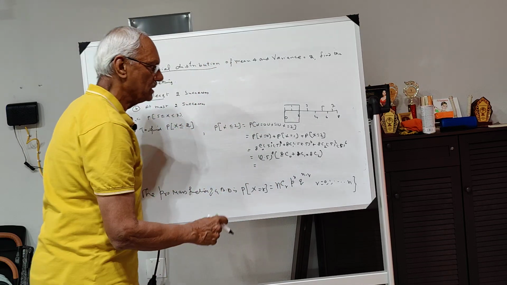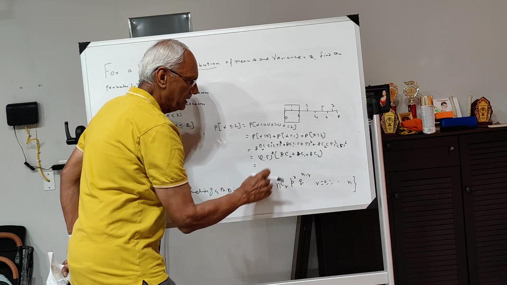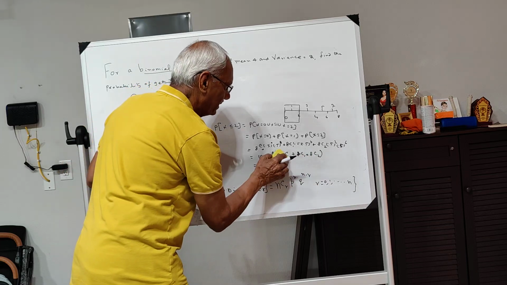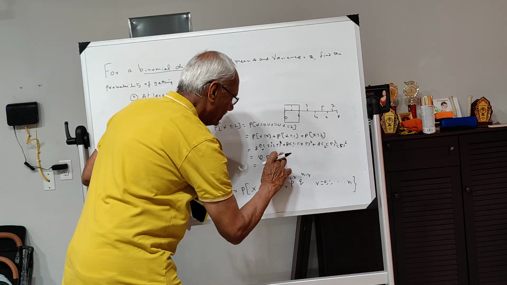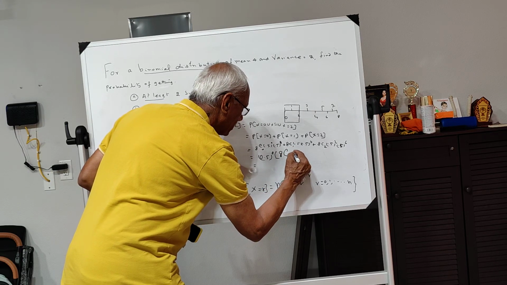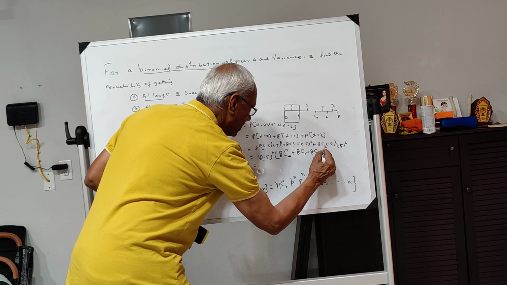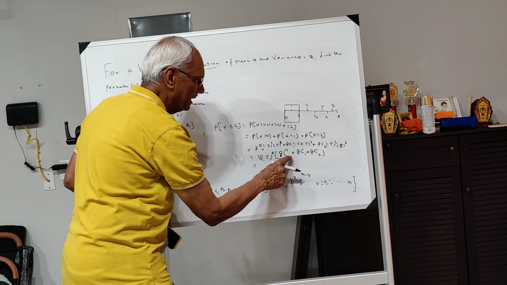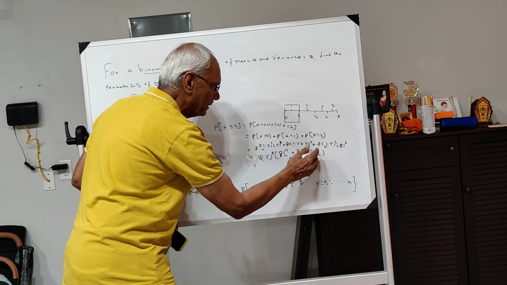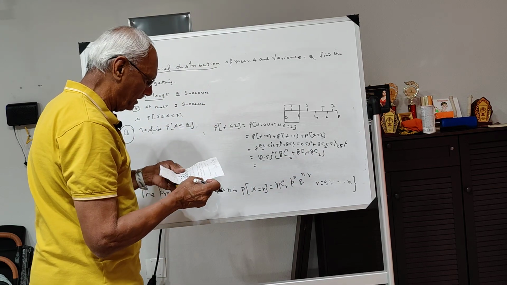Now find the value of 8C0, 8C1, 8C2. I will write it big so that you will understand. So it is like this: 8C0, 8C1 and 8C2, add them and multiply it with 0.5 to the power of 8.